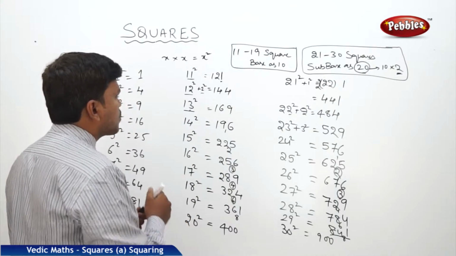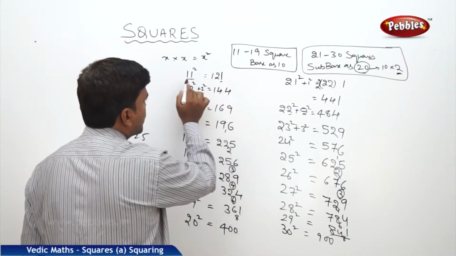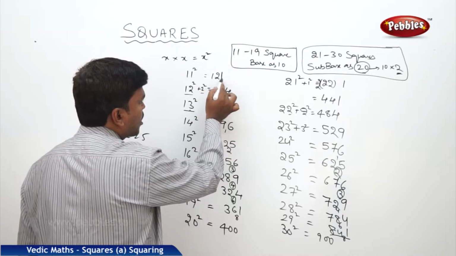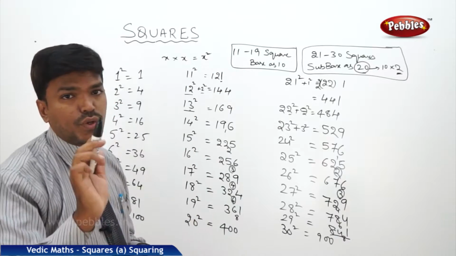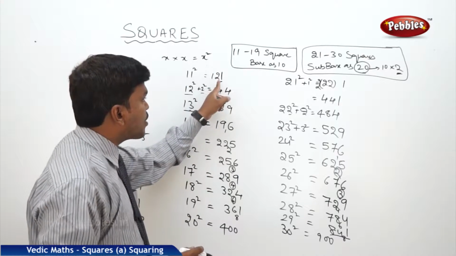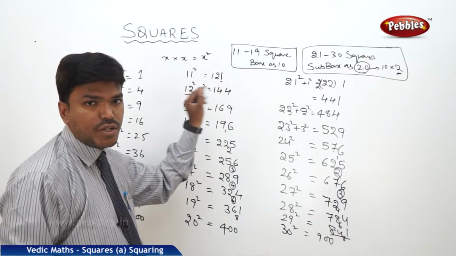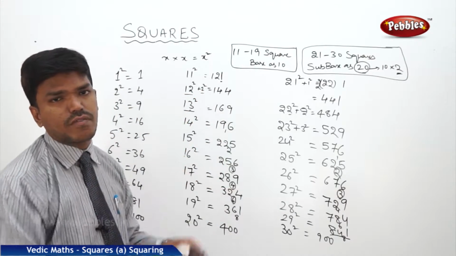So 11 square is, see here, just put 1 and 1 here. There are 2 ones, right? And what is the double of 1? 2. So write 2 in between those 2 ones. So the answer is that one.